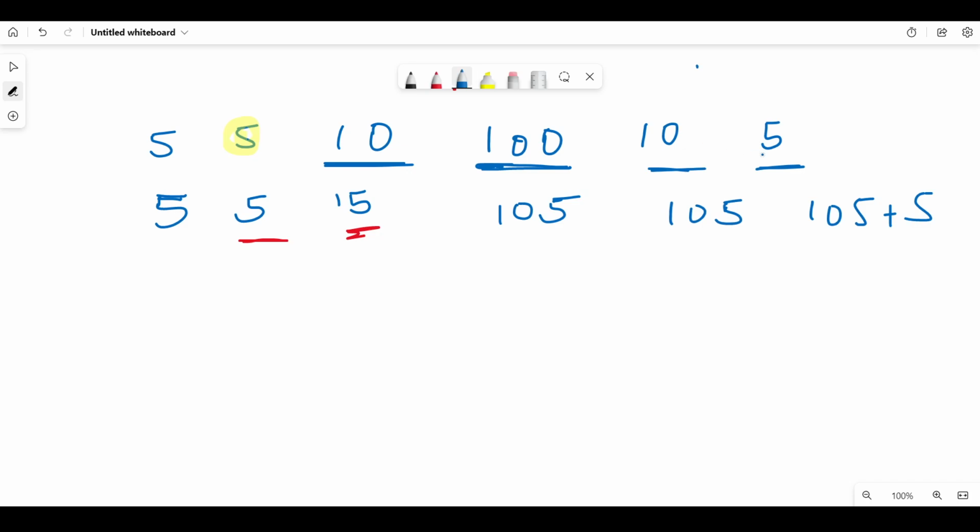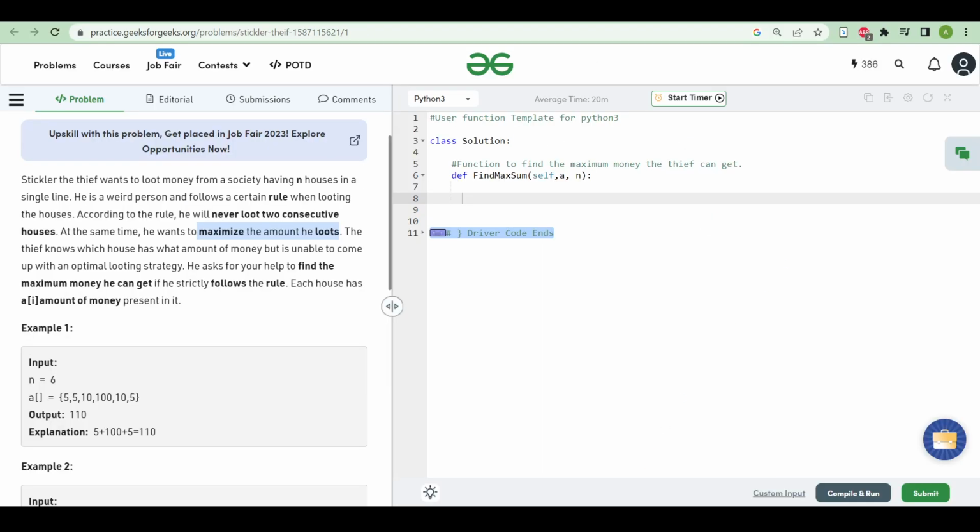And if I am skipping this house, then I can only have that much money that I was having with my previous house, that is 105, and the maximum of both of them is 110. So I will write it here, 110. So at last, after traversing through the whole array, I am left with this value 110. And yes, it is our expected answer.